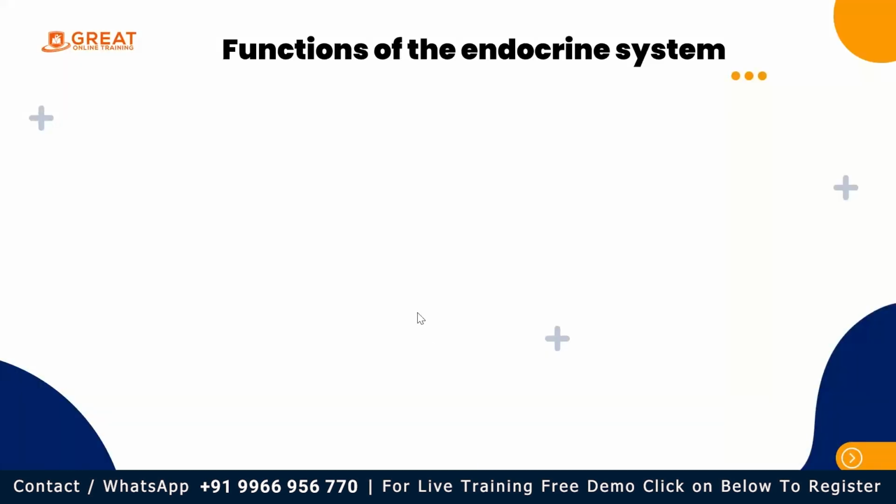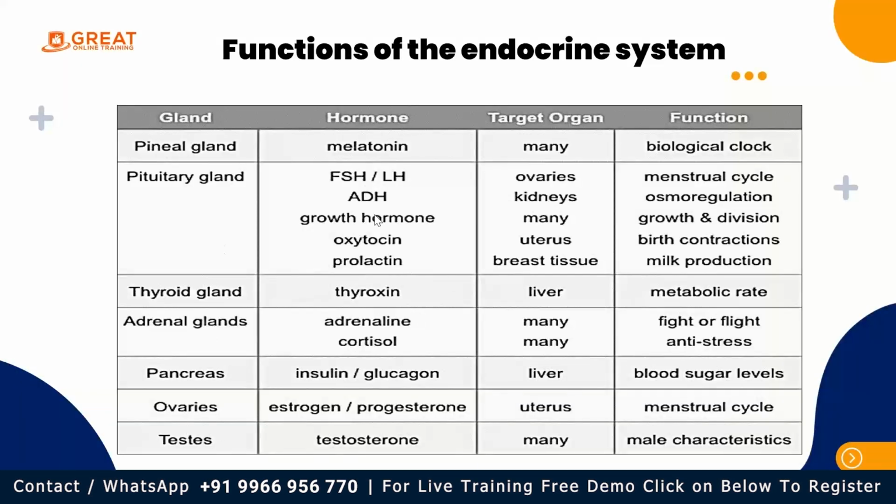The functions of the endocrine system. These are the glands and their hormones, targeted organs, and functions. The pineal gland produces the hormone melatonin. It controls the biological clock. The pituitary gland secretes FSH and LH, which target the ovaries and control the menstrual cycle.